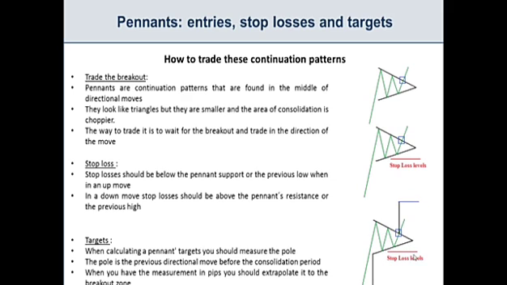If our stop loss levels get hit, it will mean that our trade idea was not valid, and if our targets get hit, it would mean that we have made a good trade. In either case, the risk to reward ratio on a pennant is greater than 1 to 2 most of the times. So if you are looking to trade the continuation patterns, you should be trading a very profitable strategy.